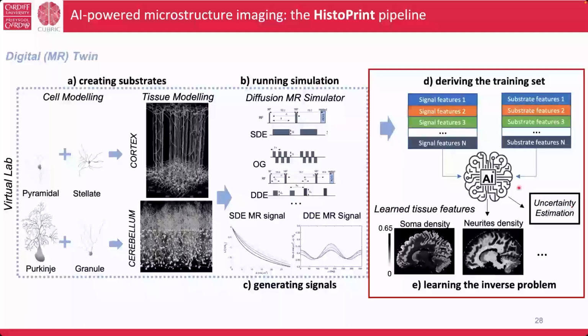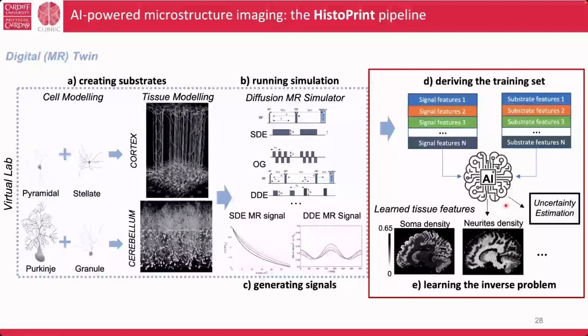And so not only the estimates of these microstructural features is important, but the uncertainty around it is extremely important, because the problem we are trying to solve is ill-posed and very often is degenerate. So we need ways to estimate, at least to characterize this degeneracy.